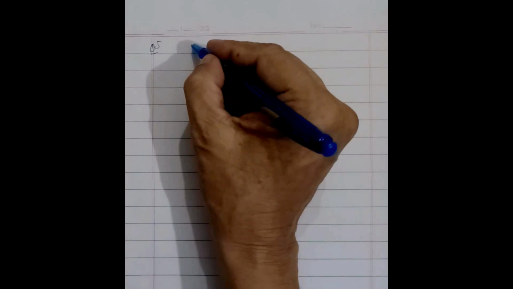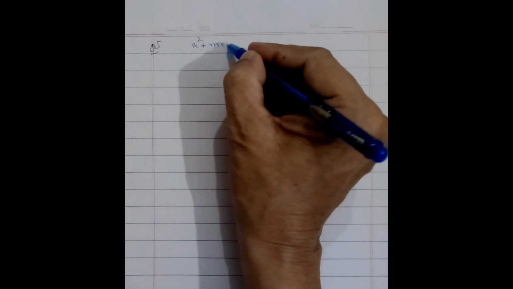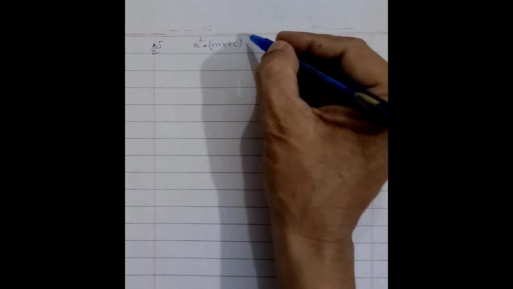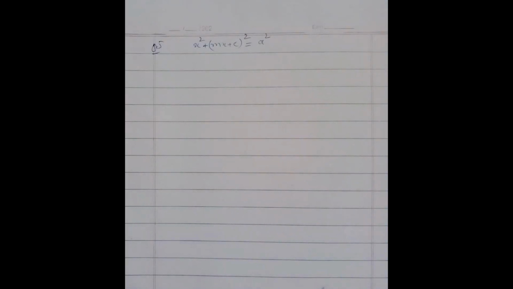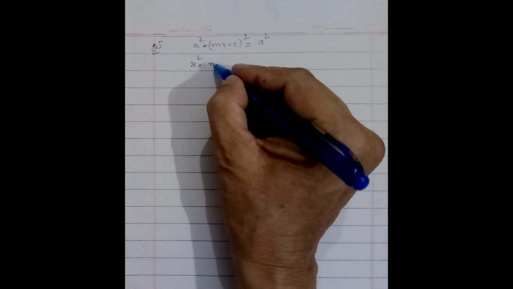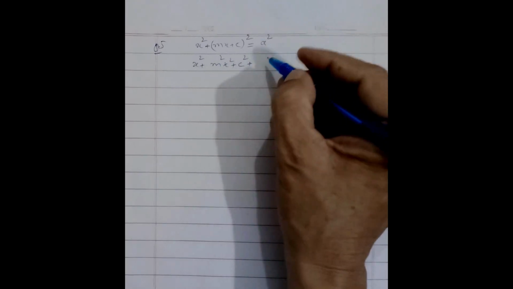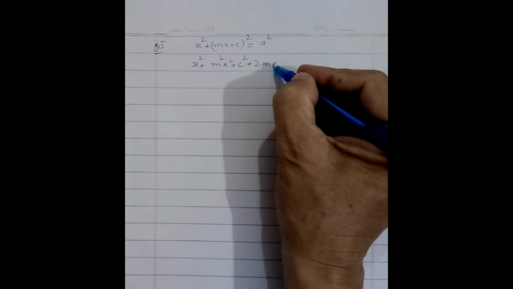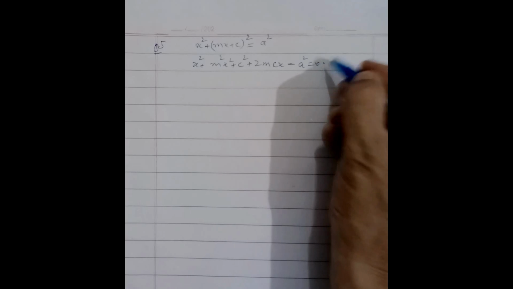The equation is x square plus mx plus c whole square is equal to a square. And first we convert into a standard form, which is x square plus m square x square plus c square plus 2mcx minus a square is equal to 0.